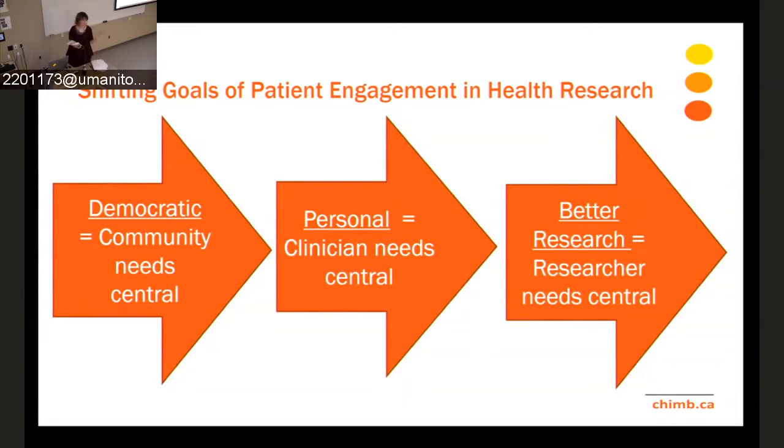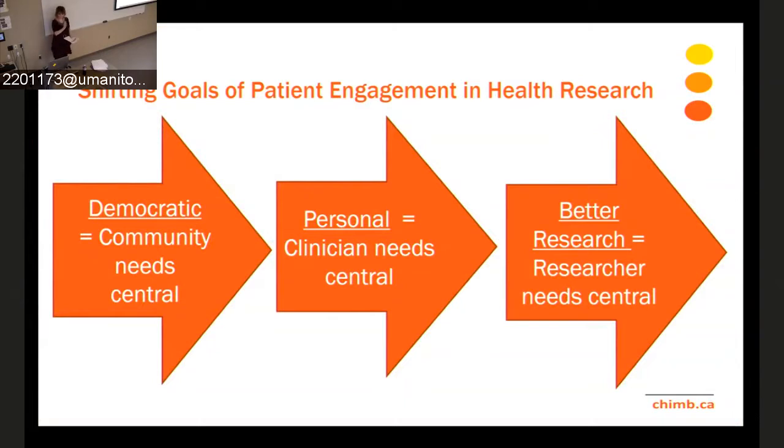So there's been a shift over years. If you look back at some of the original roots of patient and public engagement, HIV/AIDS activism within the 80s, the disability movement that coined the phrase "nothing about us without us," it grew out of a sense of democratic purpose, that people who are affected by research have a right to have a say in what and how publicly funded research is being carried out.